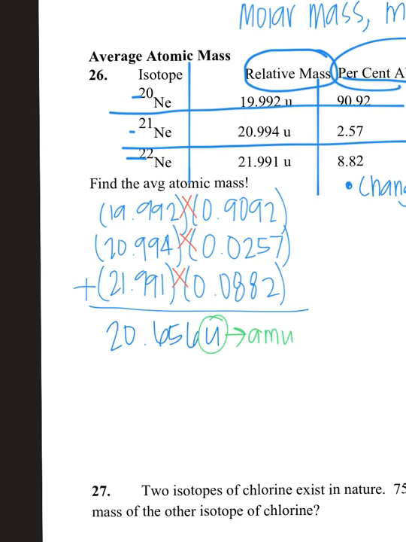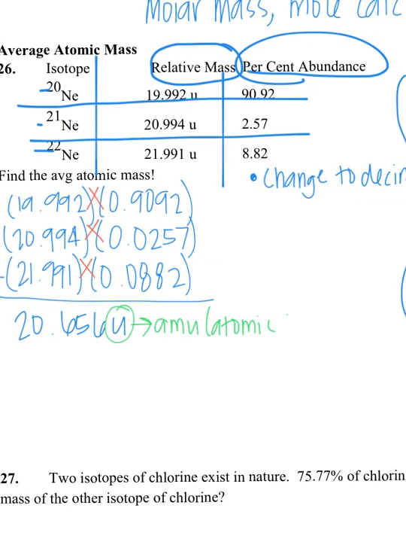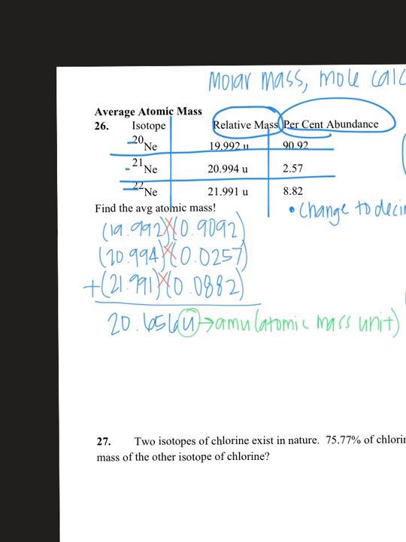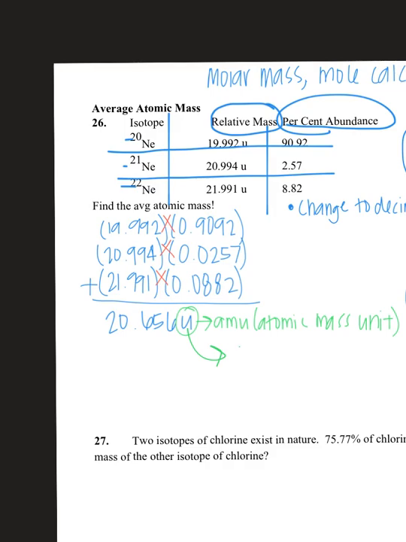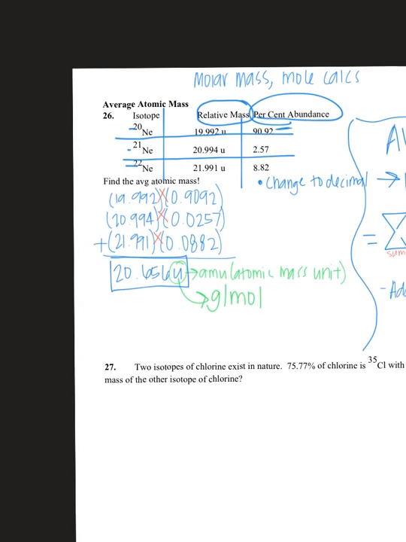It can mean AMU, an atomic mass unit, which is just grams per mole. So it's what we get on the periodic table, which makes sense because the average atomic mass is what's on the periodic table. And this is closest to 20, which was our biggest percent abundance. That's all you had to do.